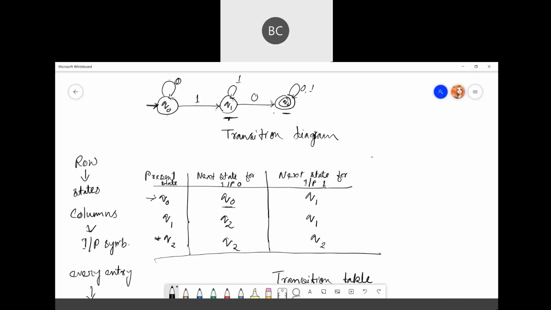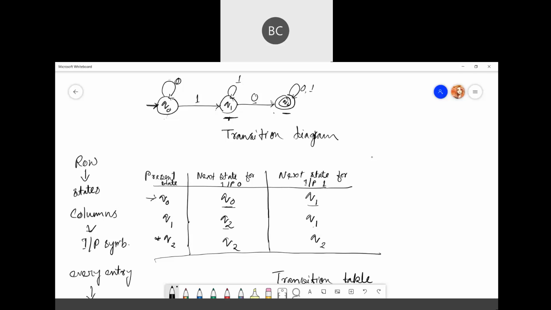So next state is Q0. From Q0, after reading 1, it moves to Q1. For Q1, after reading 1, it moves to Q1, and after reading 0, it moves to Q2. For Q2, for both symbols, it just comes to the same state again. Is this part clear?